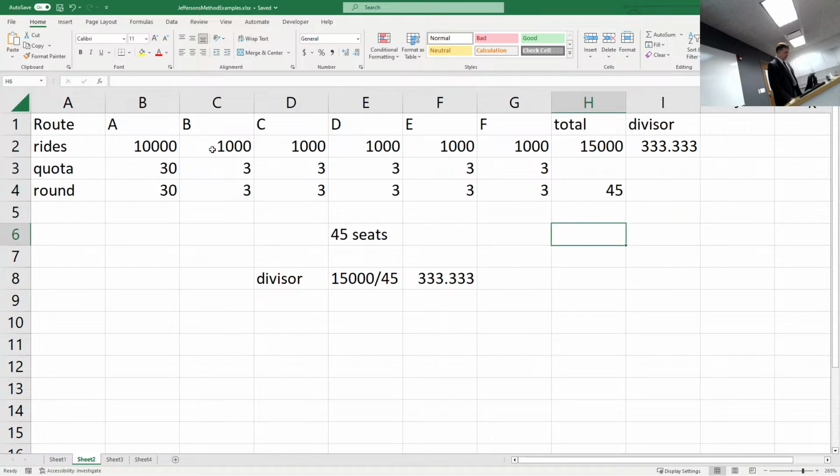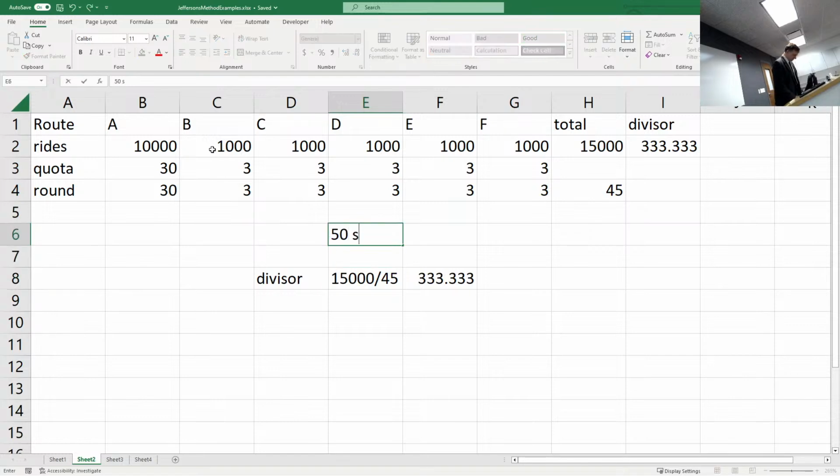Okay, so I think I want 50 seats. Let's try 50. Yeah, see, that's the problem with trying to do this on the fly. 50 seats. Let me see if this works. Give me a sec. 15,000 divided by 50. What do we get here? 300.